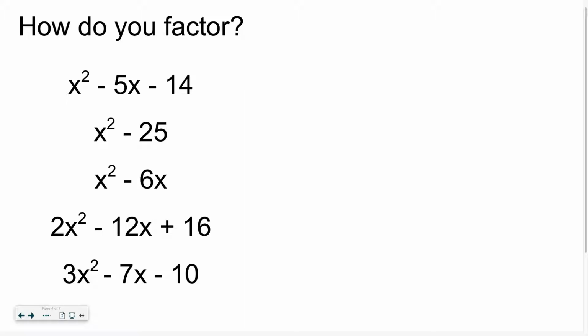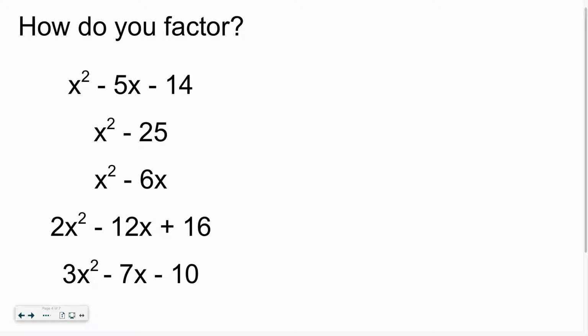There's also the X method, which Lexi was using. So you can use the X method, Lexi, for the first one, right? You put C on top, so that would be negative 14. Then you put B in the bottom of the X, so negative 5.